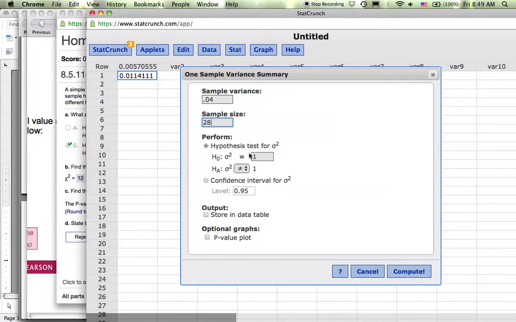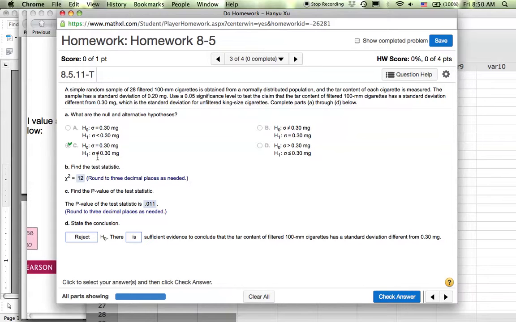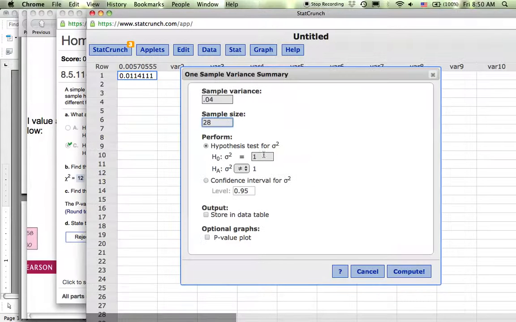The hypothesis test is about sigma squared instead of sigma. In H0, sigma is 0.3, so sigma squared is 0.3 squared, which is 0.09. And HA, or H1, is sigma squared not equal to 0.09.